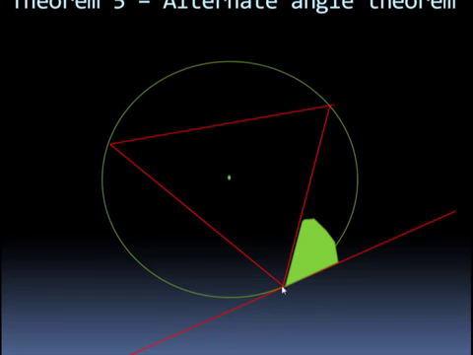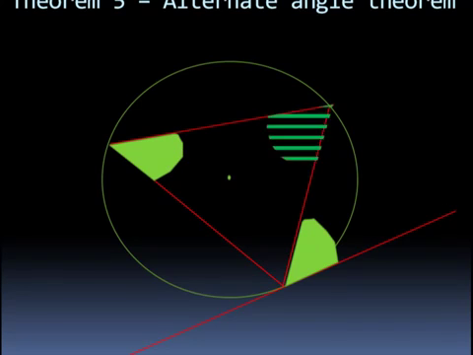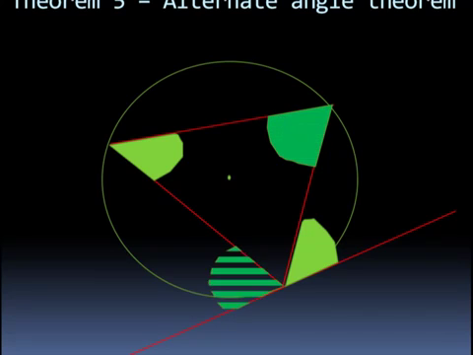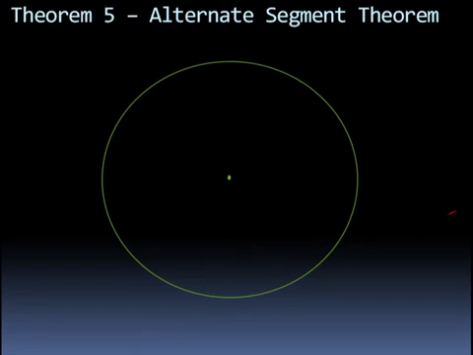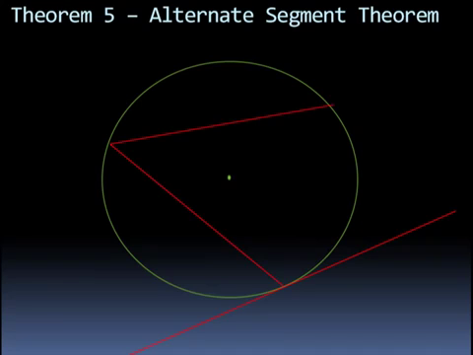So the angle between the tangent and the chord is equal to what? This angle over here. So we're still on the alternate segment theorem. Alternate segment or alternate angle theorem. Okay. And this angle here will match this angle here. Alternate segment theorem.